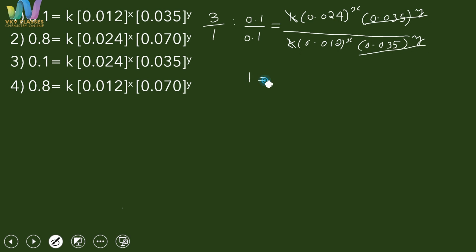We are getting 1 is equal to 2 power X, or X will be equal to 0.